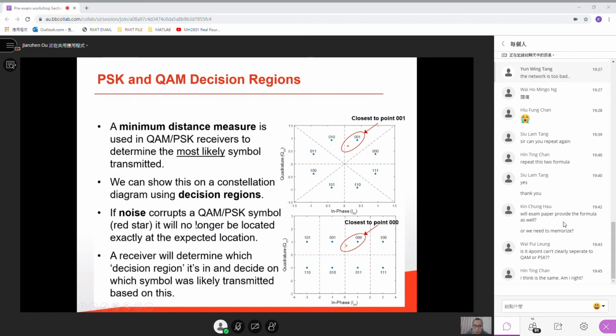Even though the more levels you go for modulations, you're getting much higher bit rates, you can also easily get interference by the noise because your regions within the constellation diagram are much smaller. So sometimes you get the noise to shift just a little bit here, then the system is difficult to distinguish whether it's 001 or 000, for instance. So you're getting wrong information. So this is a trade-off.